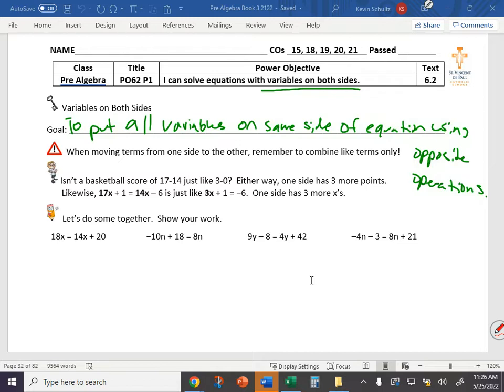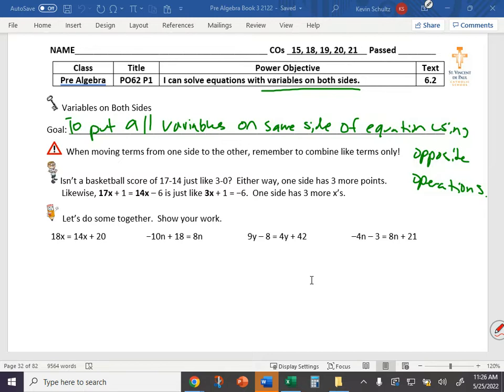Warning for you. So the example we talk about is 18x equals 14x plus 20. It doesn't matter technically which side of the equal sign our variables go on, but since 18x is by itself over on the left side, and the 14x has that constant 20 with it, which makes more sense here?